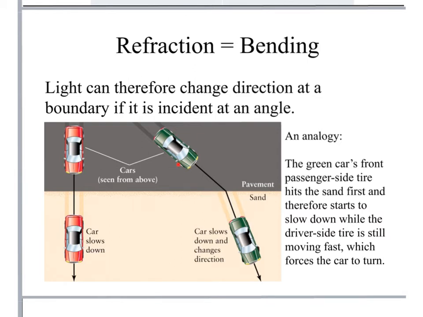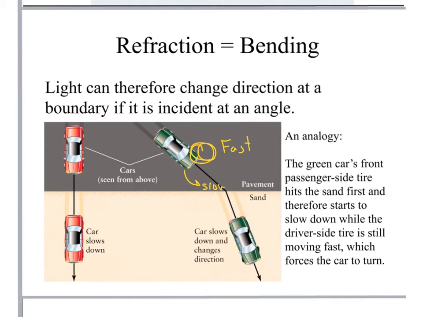And when this tire hits the sand, it's going to slow down. So immediately it slows down. But this one is still going fast. So this one is still on pavement, it's still going fast, and this one has already slowed down.